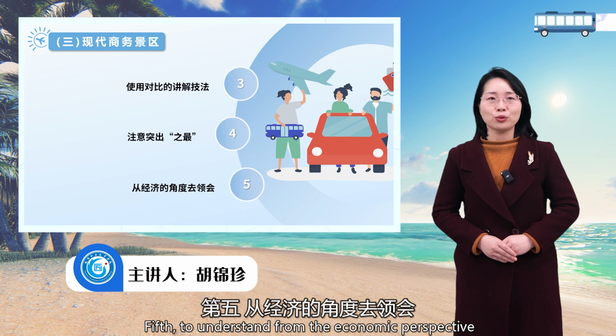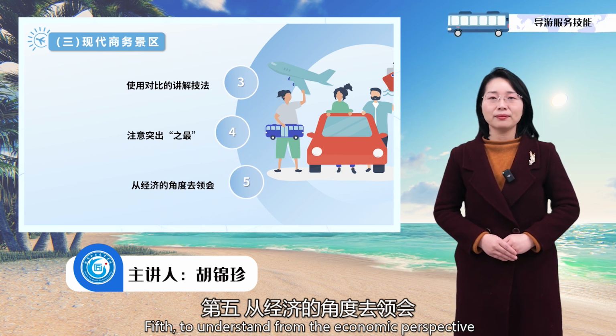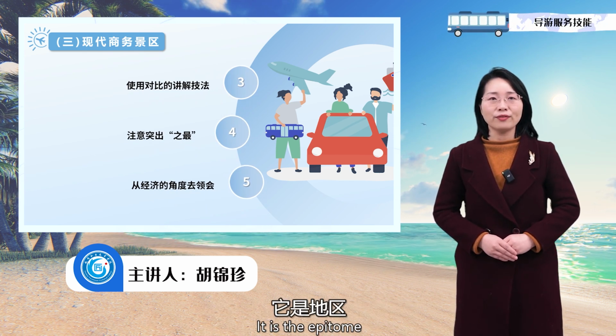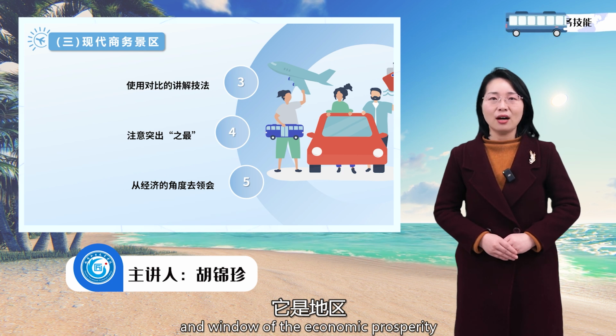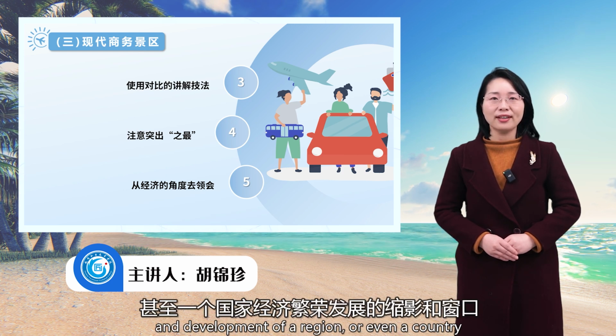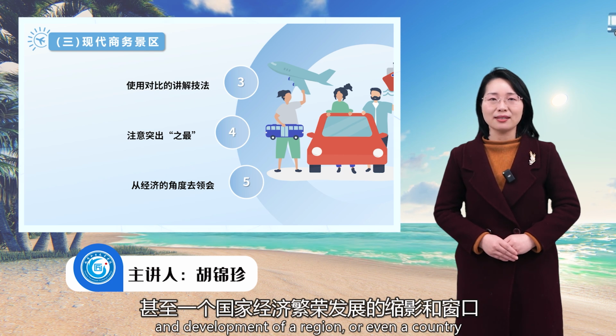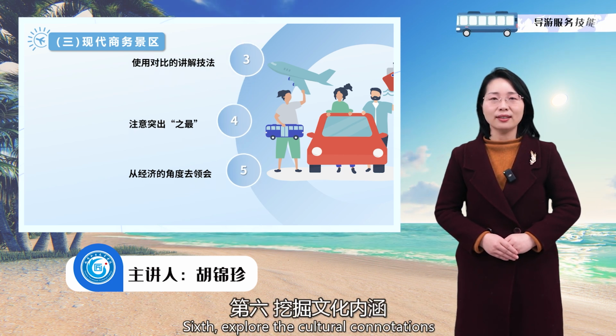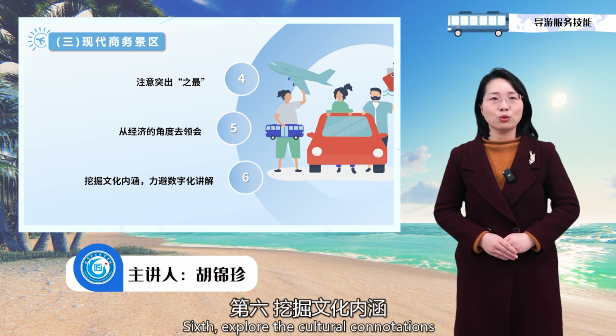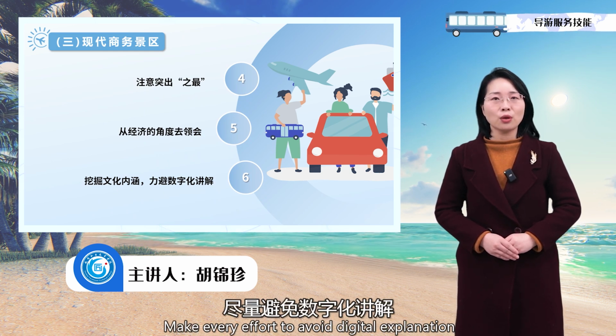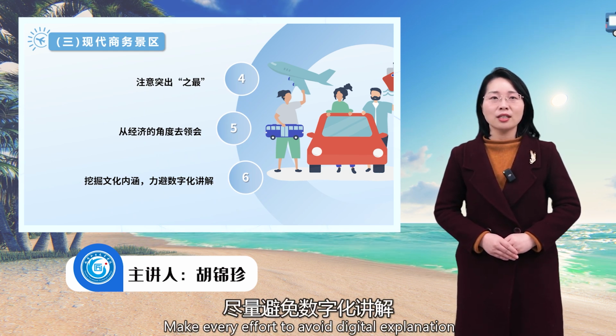Fifth, to understand from the economic perspective. It is the epitome and window of the economic prosperity and development of a region or even a country. Sixth, explore the cultural connotations. Make every effort to avoid digital explanation.